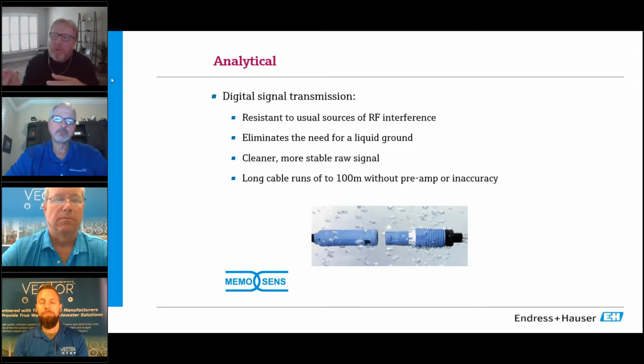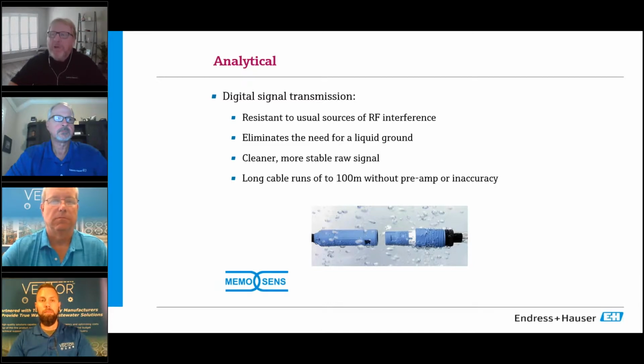Sensors that require more power, typically optical sensors, we cannot send enough power across that inductive coupling to power those. So those are direct cable. But again, they are still digital, they are still MemoSense, and they will be auto-recognized by our transmitter.